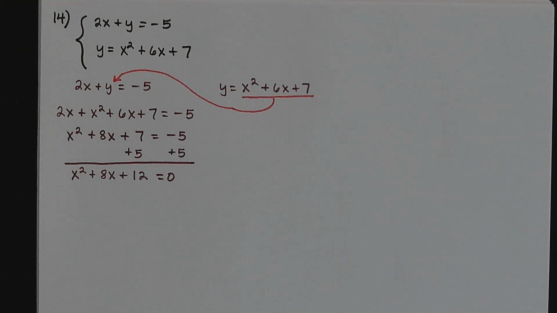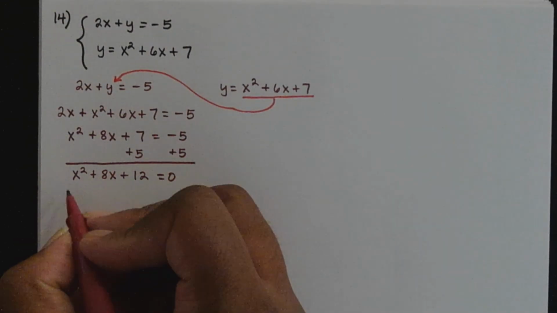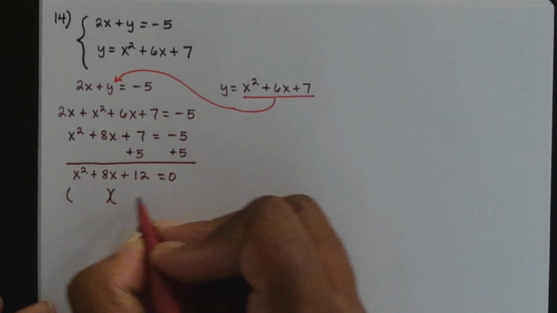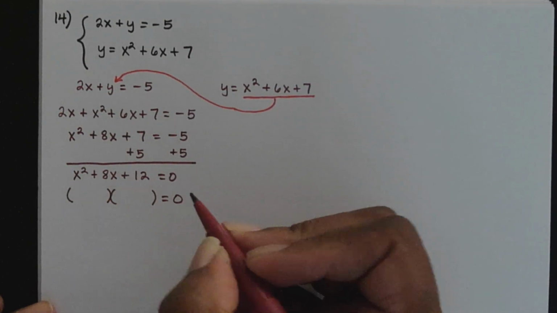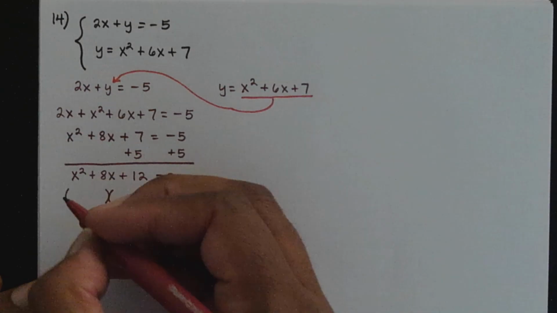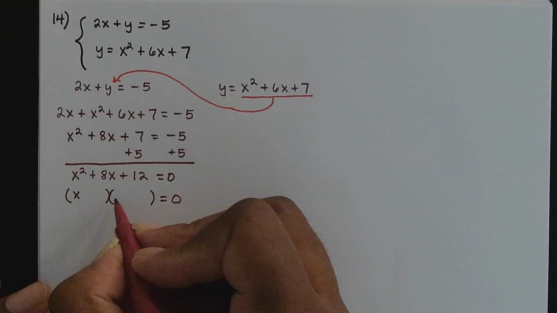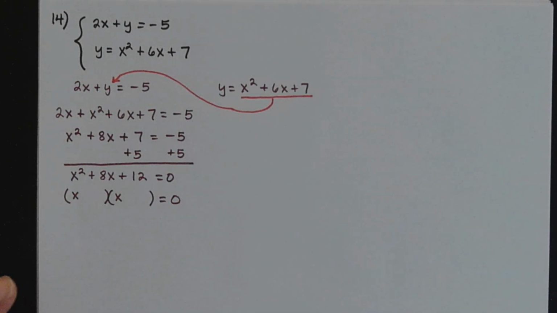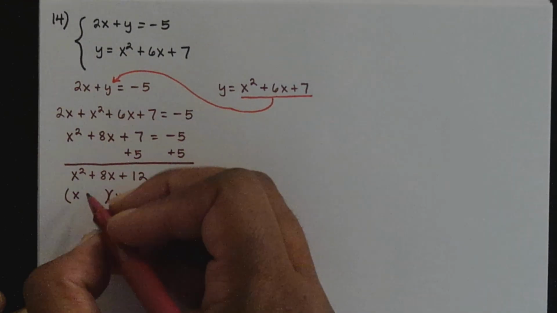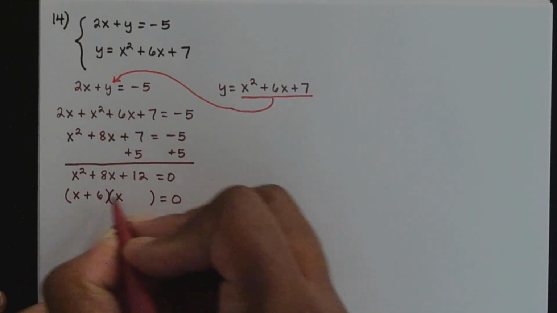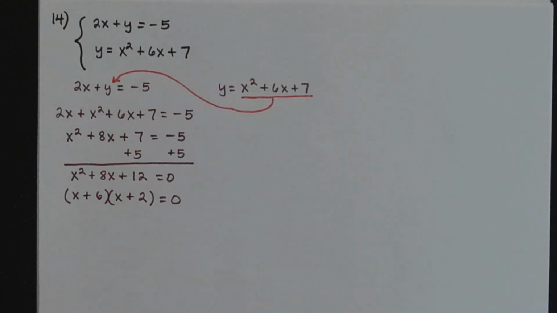Now let's see if we can factor that quadratic expression into two binomials here. So here x squared would be x and x. What factors of 12 give me 8x as a middle term? 6 and 2. And they both have to be plus. So I have x plus 6 times x plus 2 equal to 0.